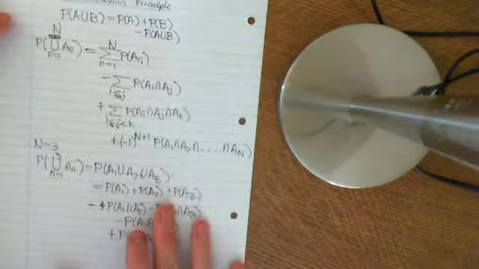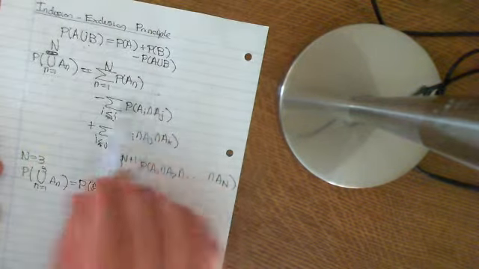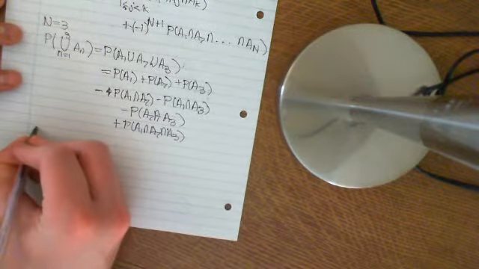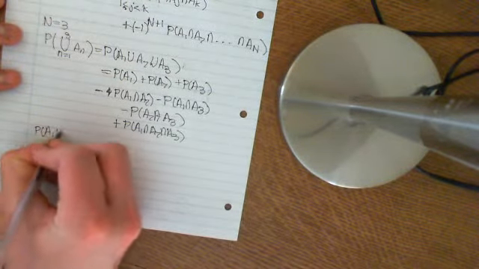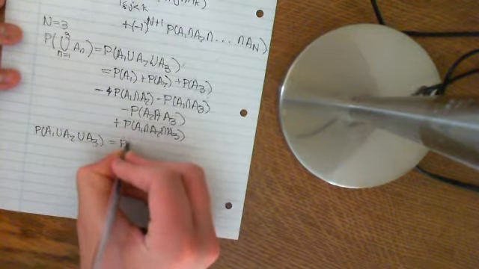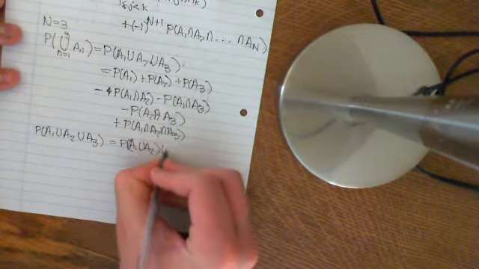Now, how would we derive that from here? What we do, and this would be the inductive step, is assume this applies for n, and then show, using this result up here that we know is true, that it's then true for n plus 1. The way you do that is you'd say that the probability of A1 union A2 union A3 is equal to the probability of A1 union A2 and then union A3.